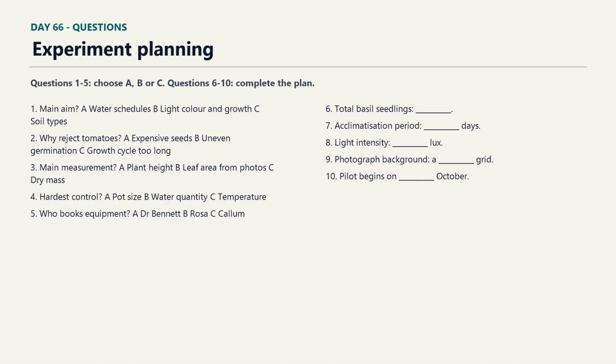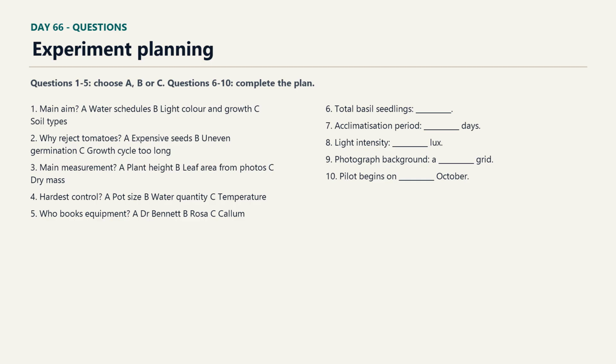Photographs would let you calculate leaf area repeatedly without damaging the plants. We can photograph each plant from above and use the image analysis program to calculate the total leaf area. Let us use leaf area from photographs as the main measurement, with height recorded as supporting information.